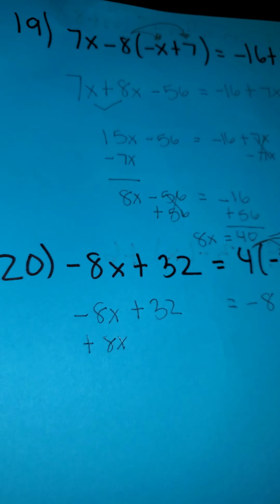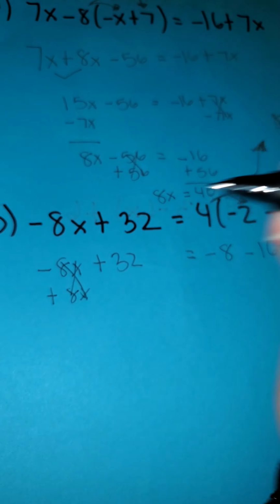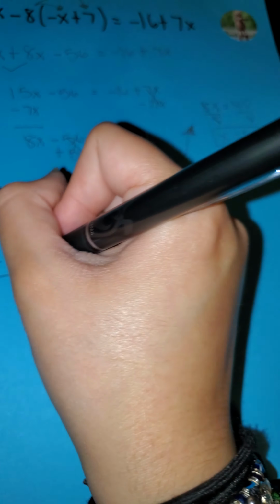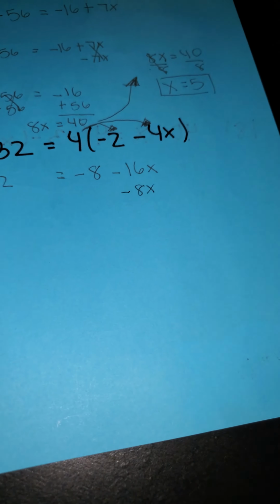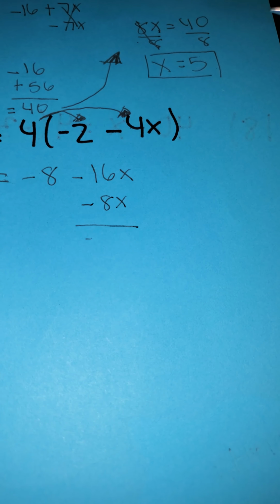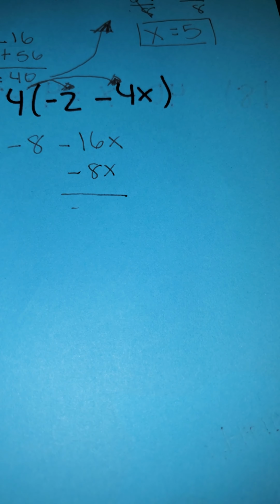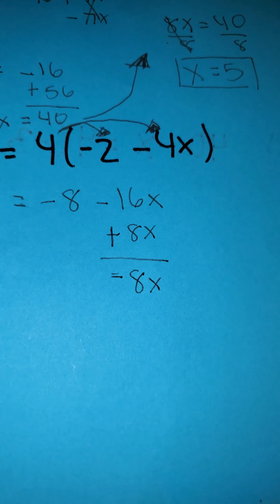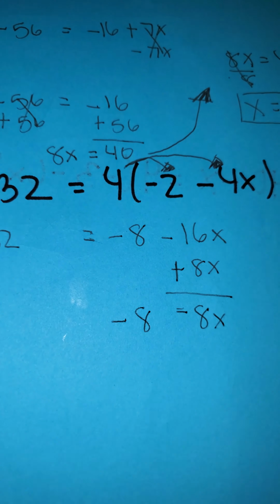So I'm going to add this here. Cancels out. I'm going to add it over here. And then negative 16x minus 8x. What does that give me? Wait, sorry, that's adding. Sorry. Negative 16x plus 8x. That's going to give me a negative 8x. And I'm going to bring down this negative 8.